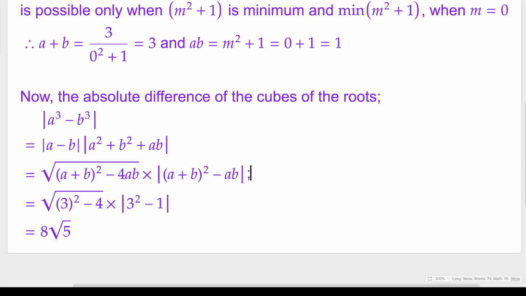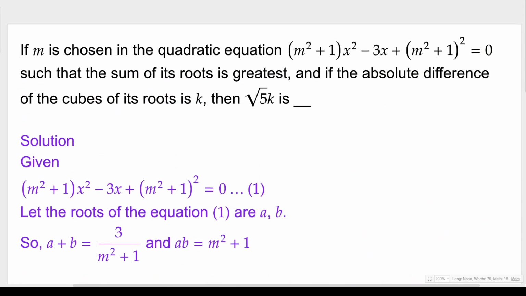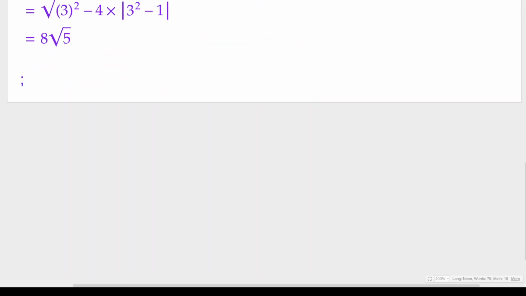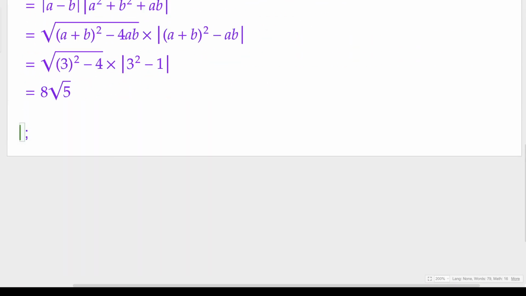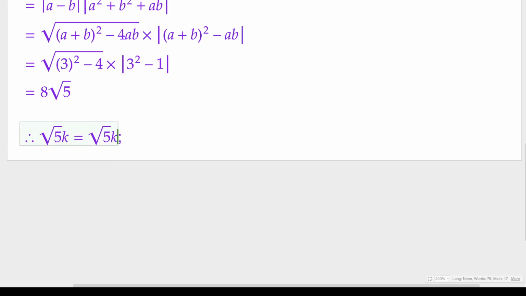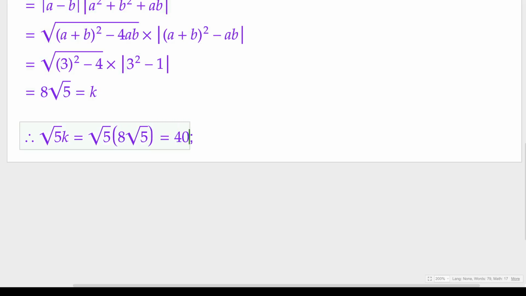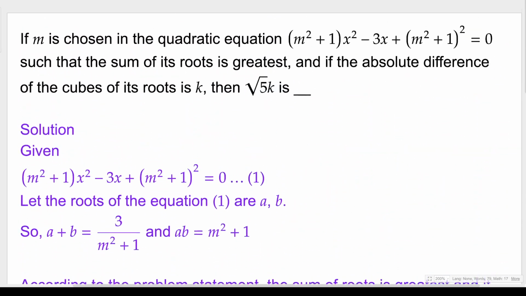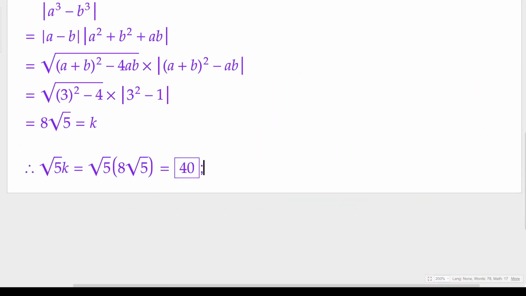Now in the problem statement they are asking that we need to compute the value of √5 times k. So this will be equal to k. The value of k is 8√5. So if I multiply with √5, we'll get 8 times 5, that is 40. So for this problem statement, 40 is the answer, right? So this is the problem statement and this is the solution, and we have the answer as 40.